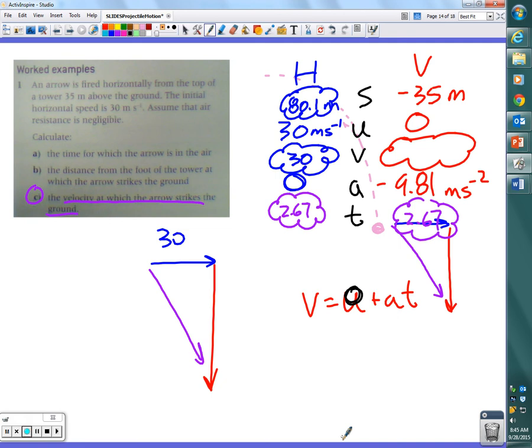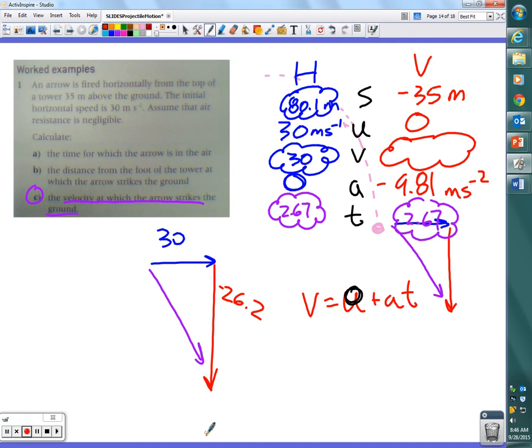And then we can just multiply the acceleration times the time and get where we need to go. Probably going to be somewhere about 25-ish or something like that. 26.2. Technically, it would come out with what sign? Negative, because which way is it going when it hits the ground vertically? Down. Right?